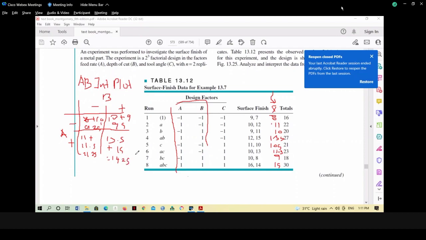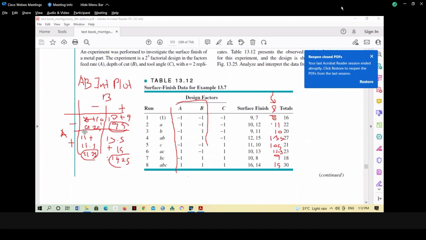Okay, from these values, you can plot. 14.25, this one, 9.5, and then this one, 11.25, and this one is 9.25, here.